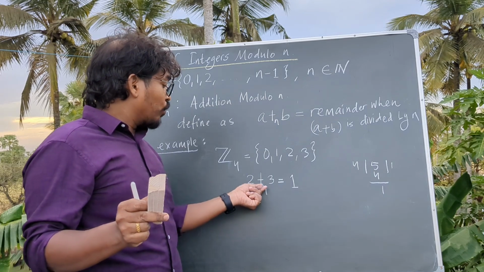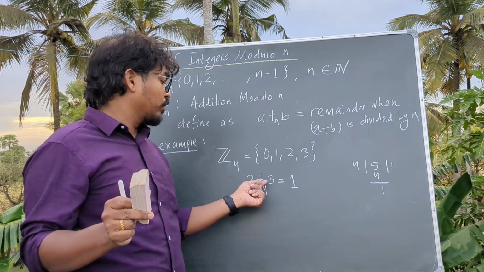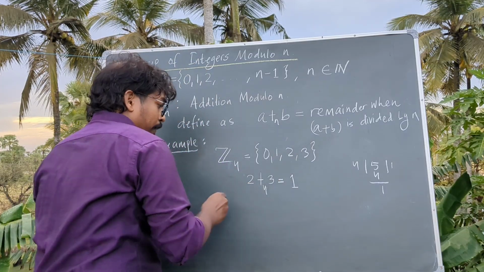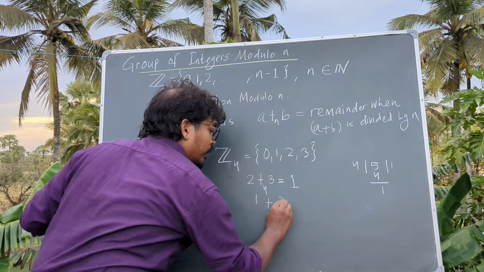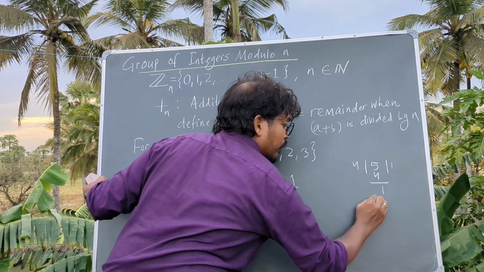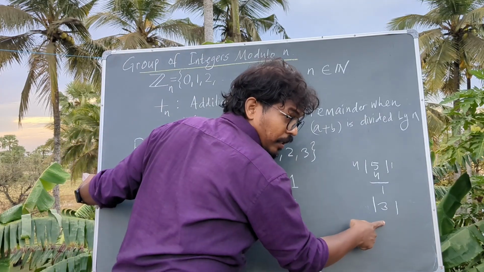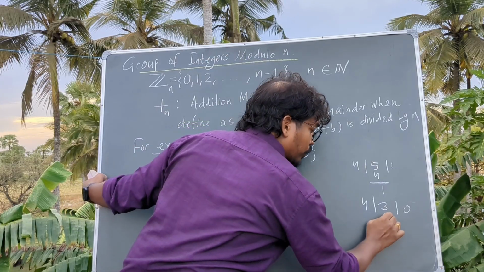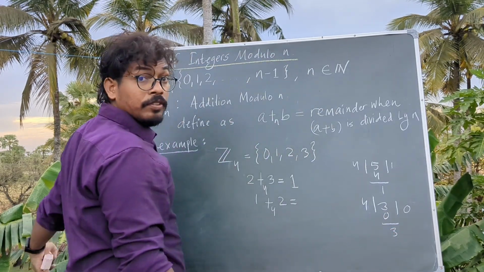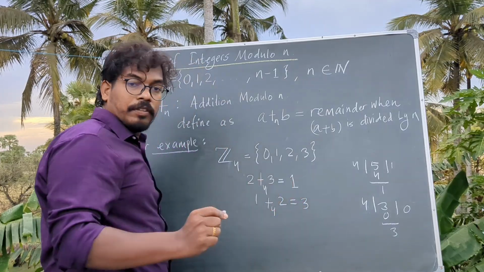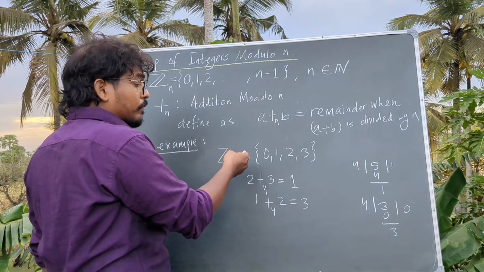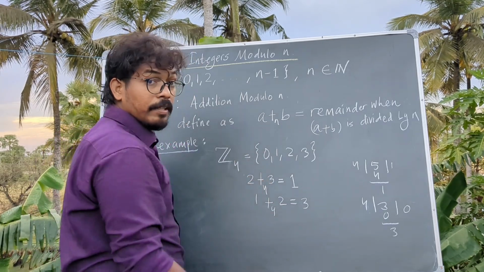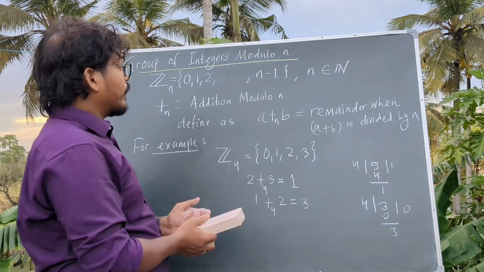The addition modulo 4, when operated with 2 and 3, gives 1, and when I operate it with 1 and 2, I will get 3. 1 plus 2 is 3. Add, divide, quotient is 0, and remainder is 3. So this is 3. For any two elements we can operate this operation, and we will get a remainder, and we will show that it is indeed a group.